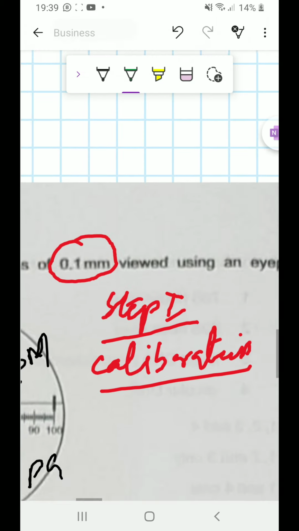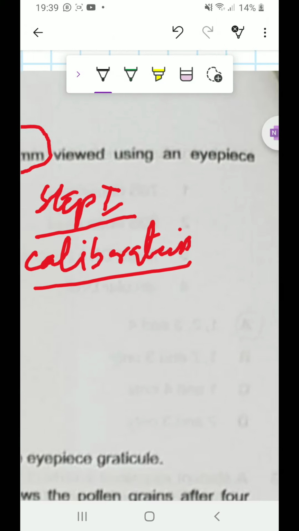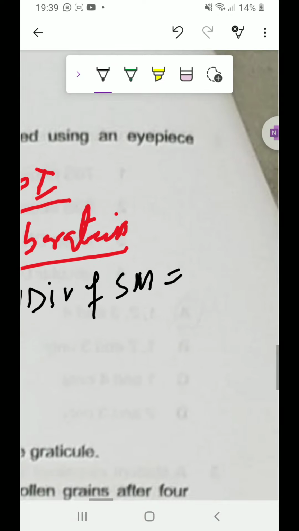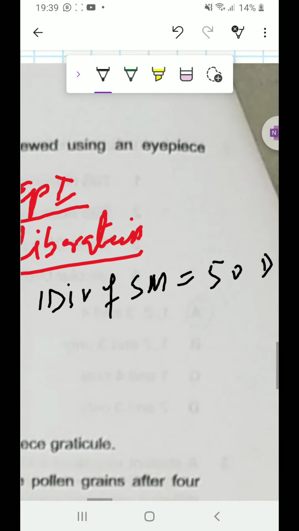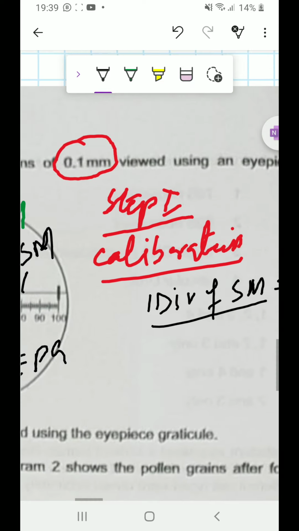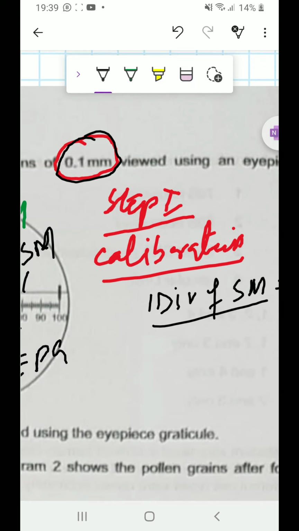So this is what we'll write here. One division of SM is equal to 50 divisions of EPG.